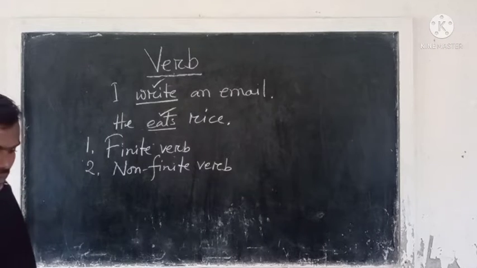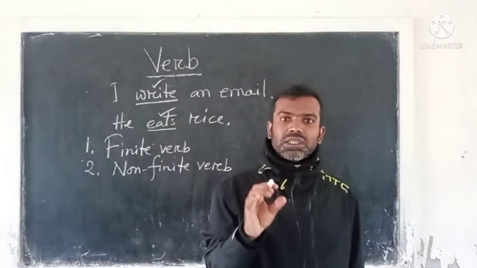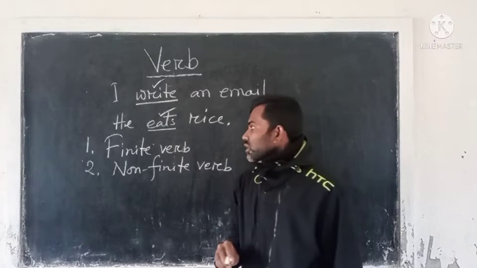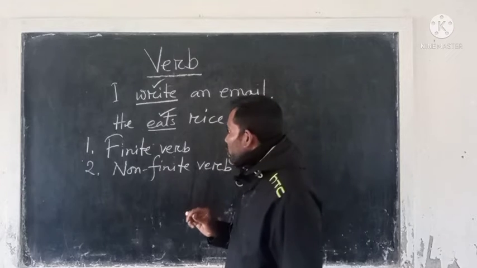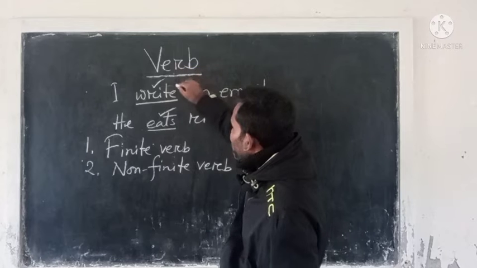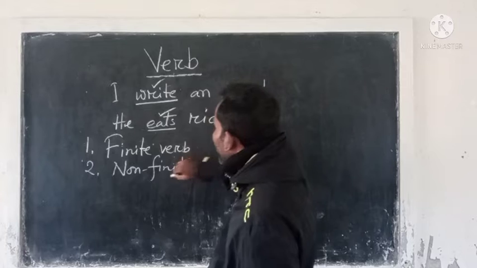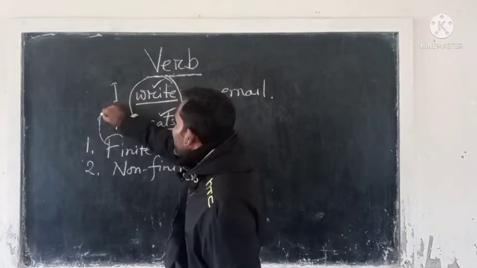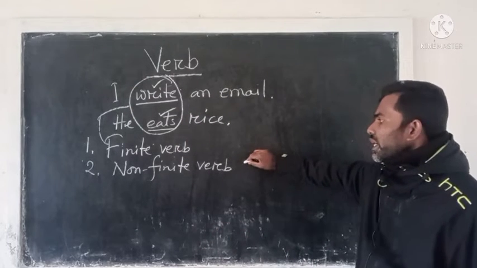Finite verb means the verb that has ability to finish a work. That means in these two sentences, the verbs write and eats are called finite verbs. And then non-finite verb.